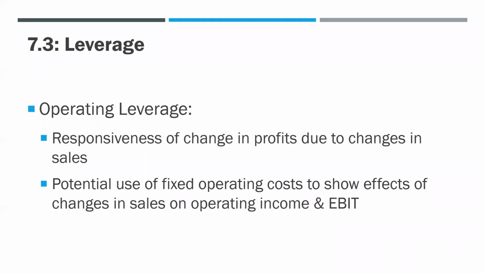So operating leverage is the responsiveness of the change in profits due to the change in sales. So you can potentially use fixed operating costs to show effects of changes in sales on operating income and EBIT, earnings before interest and taxes.